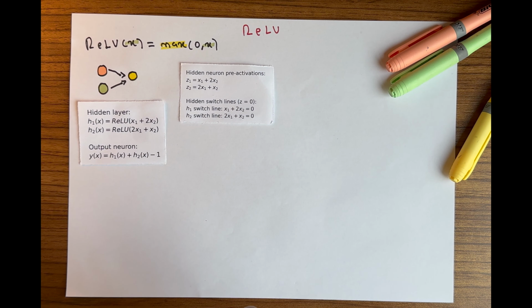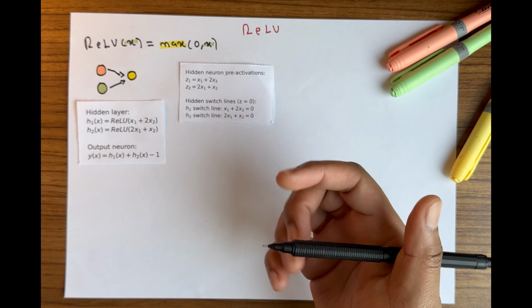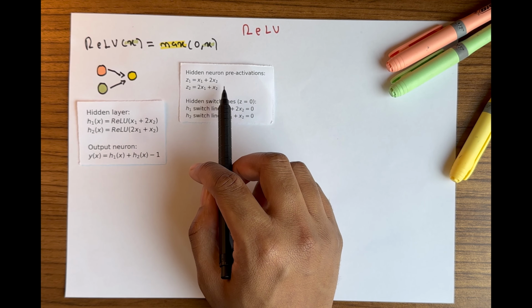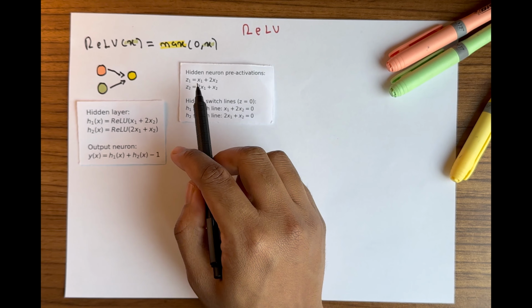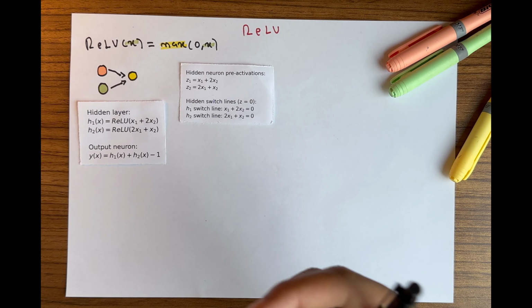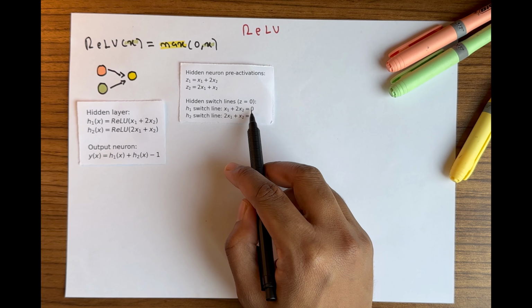And this is the line where the input to ReLU is exactly 0. So for H1, the pre-activation is x1 plus 2x2. The pre-activation is Z1, and the switch line for H1 is where Z1 is equal to 0. Okay, so just like this.